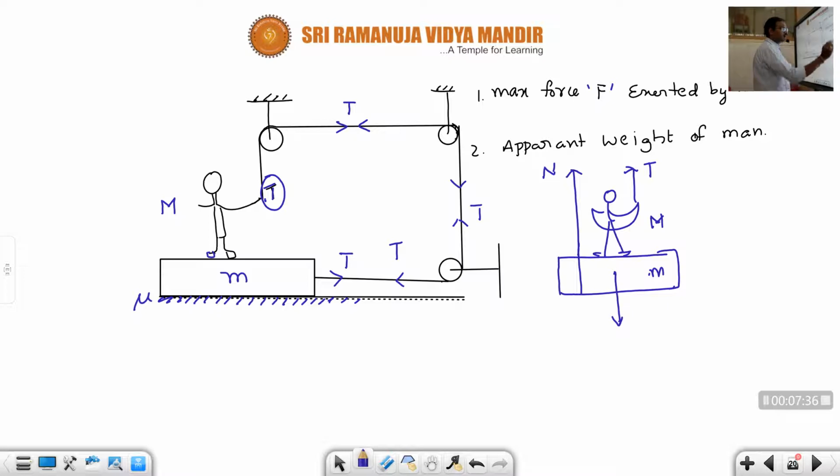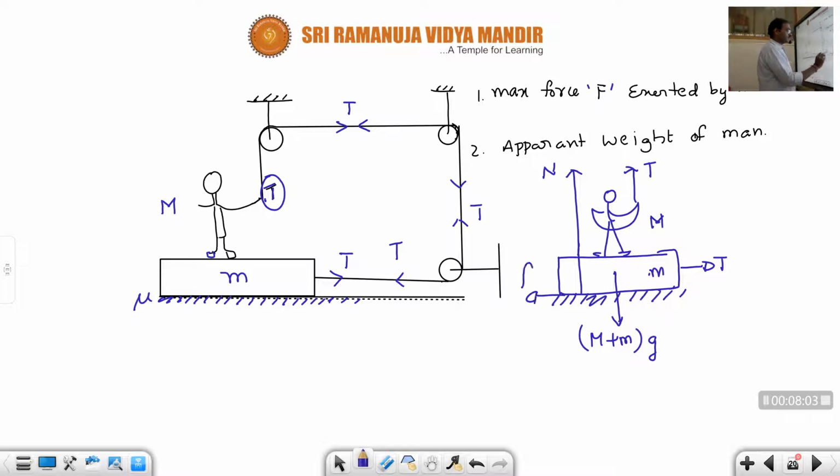The weight of the man and mass totally is capital M plus small m into g, acting downward. Tension T acts again, and N is the normal reaction given by the surface on the system.